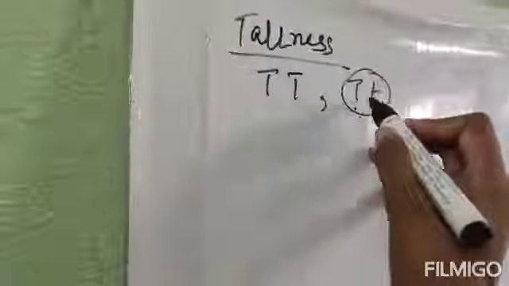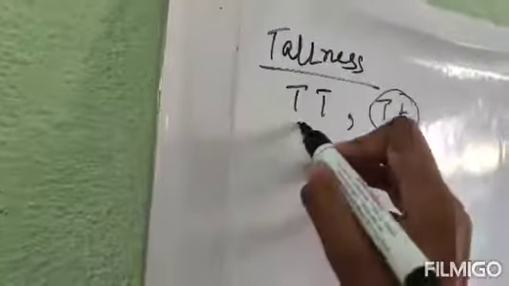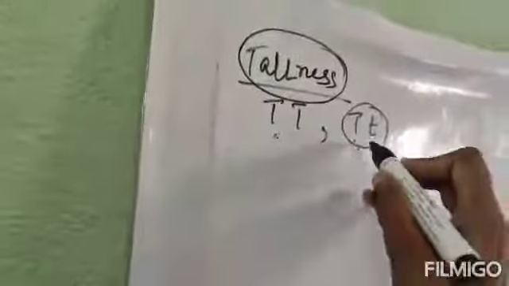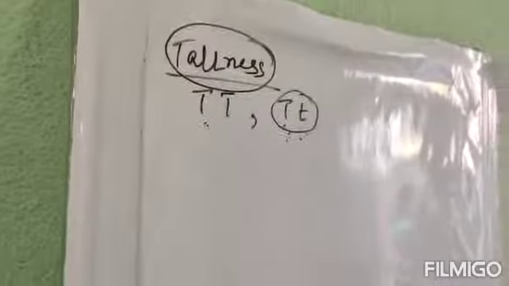But see, this genotype and this genotype are different, but both of them are expressing the same phenotype, that is the tallness. So you have to give this example as your answer, and then you have to justify the answer. That is, yes, different genotypes may express the same phenotype.